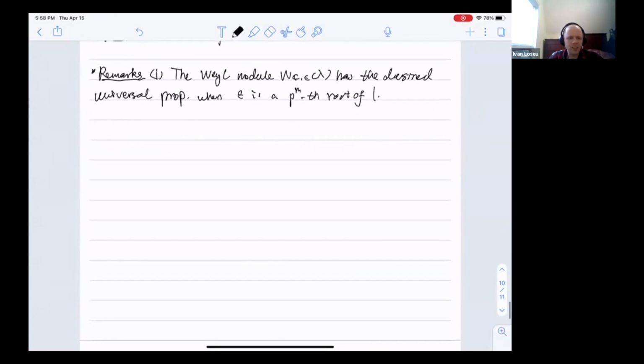And the desired property is the same as for the Weyl module in the previous lecture. So it's the universal highest weight module with highest weight lambda.